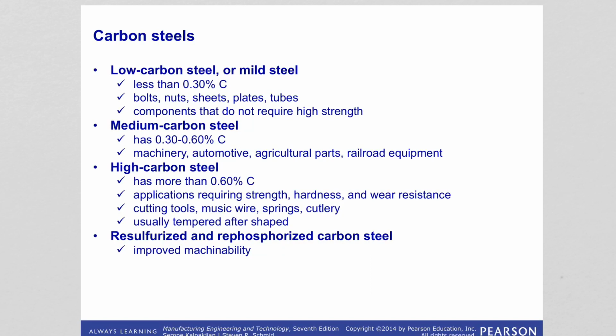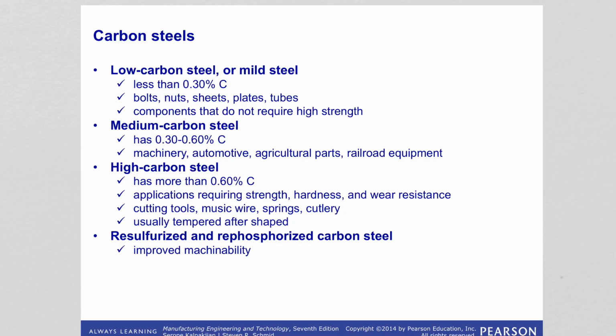So low carbon steels, these are by far the most widely used steels, and typical applications are bolts, nuts, sheets, plates, tubes, and it has less than 0.3% carbon. Usually this is for machine components that do not require high strength.